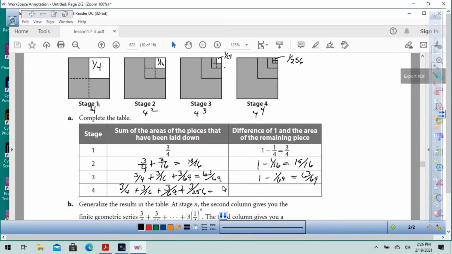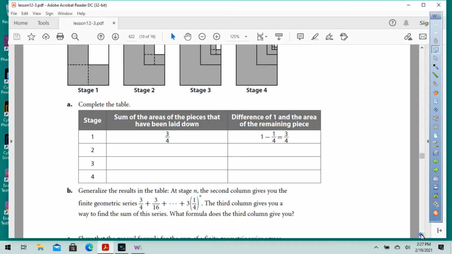And that's going to equal 255/256, or 1 minus 1/256, and that's 255/256. All right, good deal.